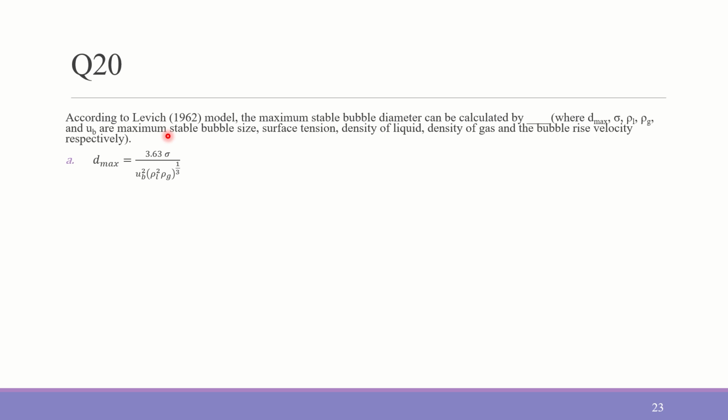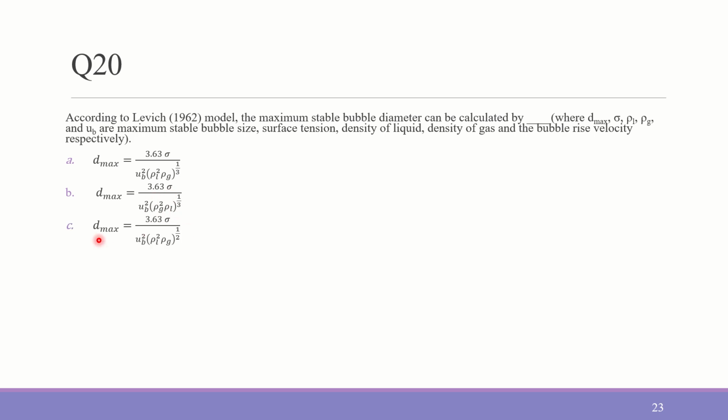Option A, d max is equal to 3.63 sigma divided by UB square into rho L square rho G, power of 1 by 3. Option B, d max is equal to 3.63 sigma divided by UB square into rho G square rho L, power of 1 by 3.